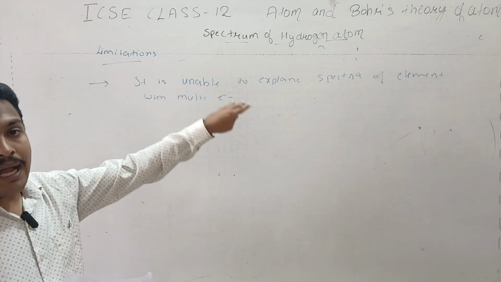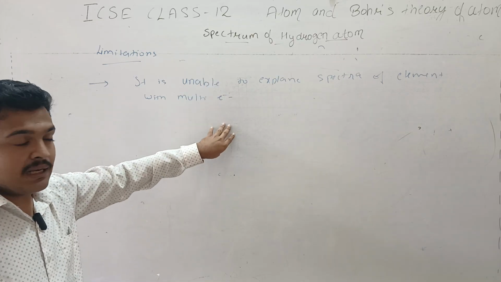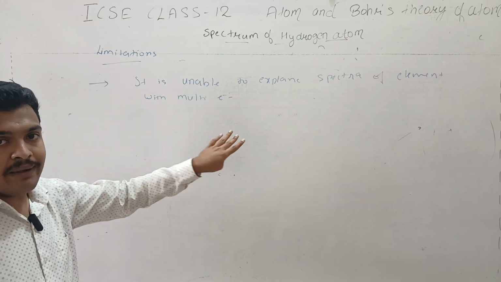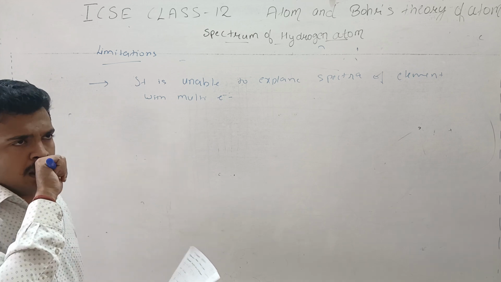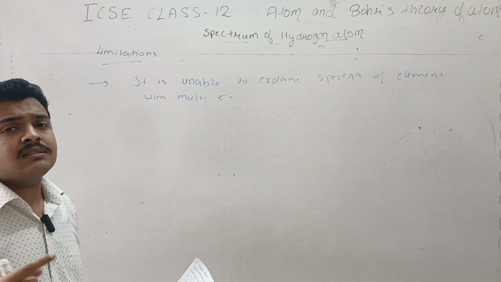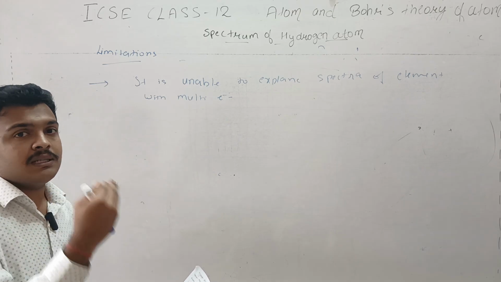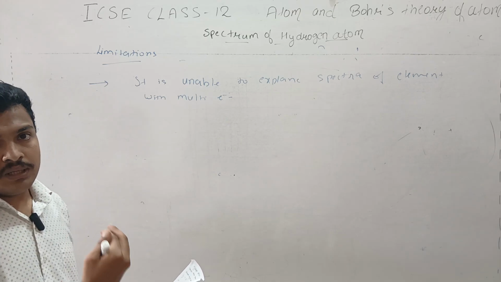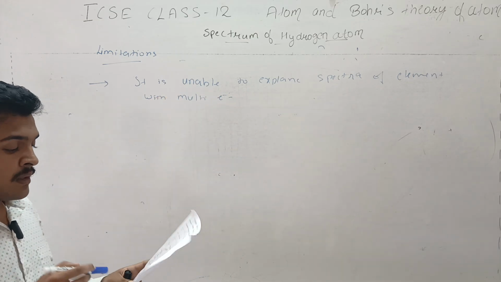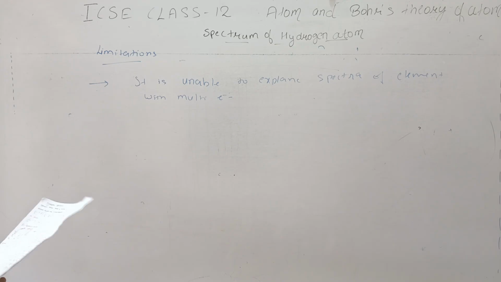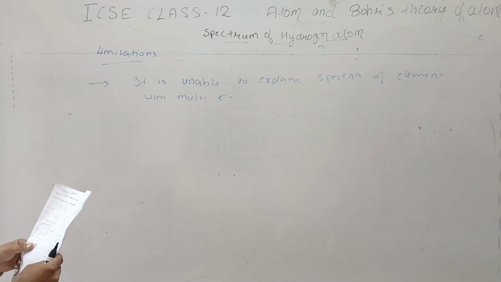Bohr's theory explained the hydrogen atom very well. The spectrum of hydrogen it explained very well. But for higher elements with more than one electron, there are certain interactions between the electrons. An electron in one orbital interacts with an electron in another orbital, but Bohr's theory was unable to explain this. So it explained the spectrum of hydrogen only, or hydrogen-like atoms only.